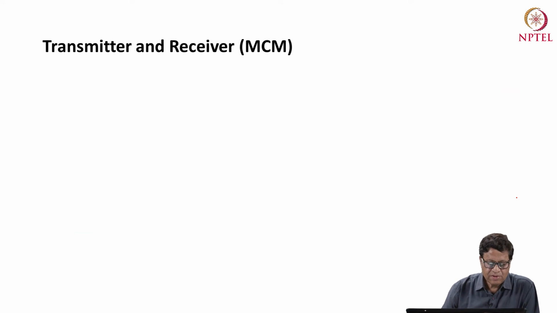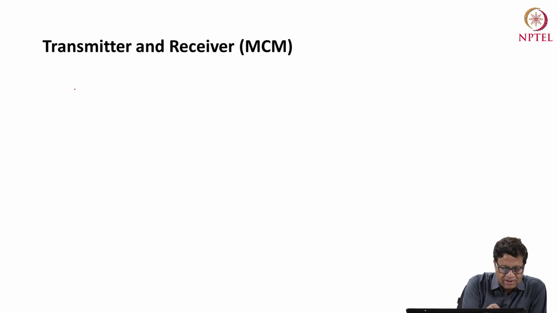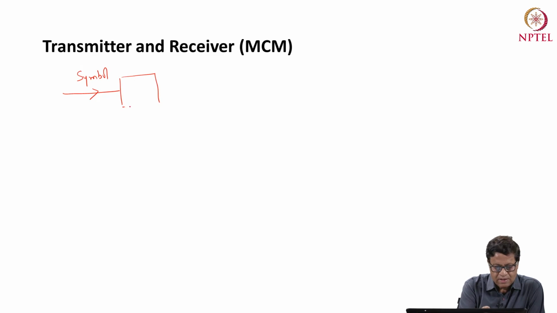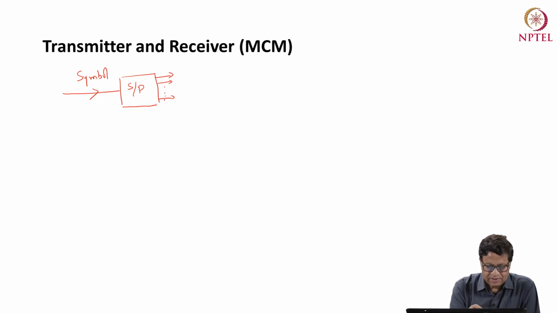Now let us draw a diagram for this multi-carrier modulation. How does it look like? So this is your symbol. The first operation you do is the serial to parallel conversion, and then you get different outputs, which are the different data.